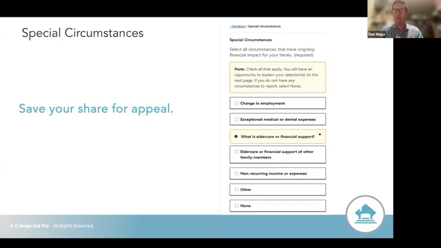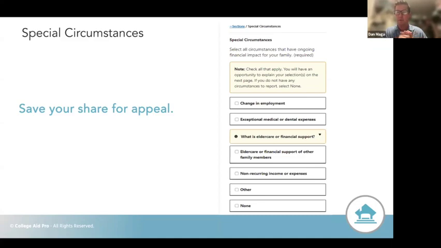And then when you get the award from the school, and you go to appeal and you say, hey, I can't afford this. I told you on the CSS, I lost my job. Can I appeal? And they say, well, we already took that into account because you put it on the CSS profile. Now you don't have a leg to stand on because they've already taken it into account. You may be better off keeping that to yourself for that reason.